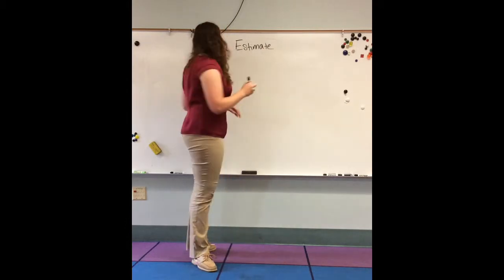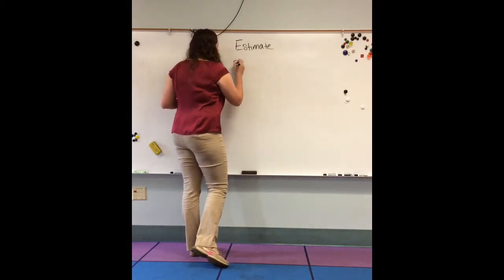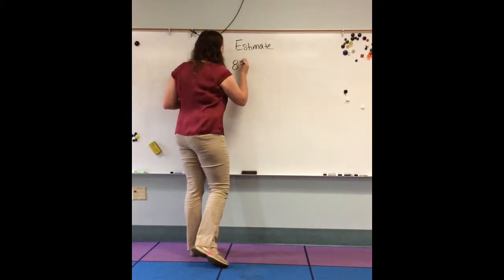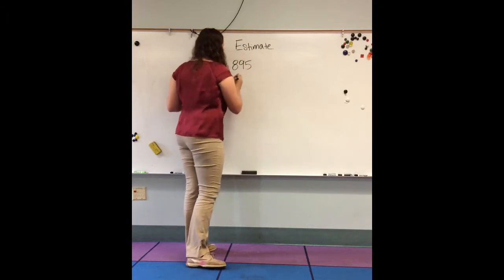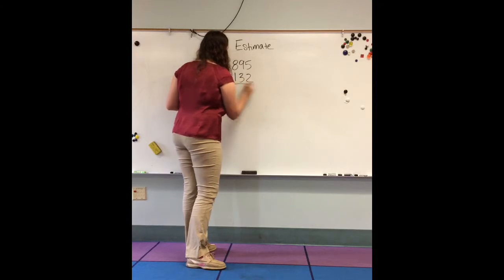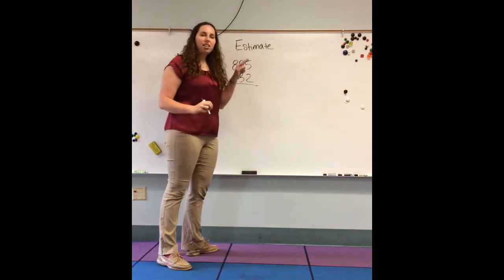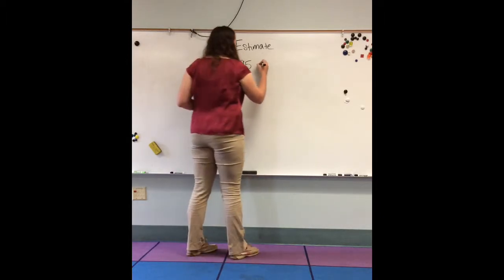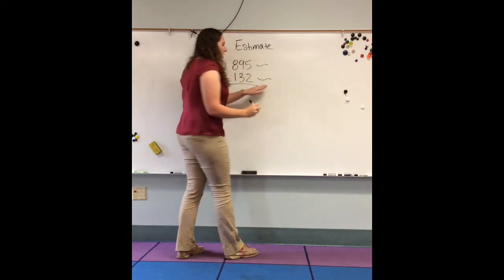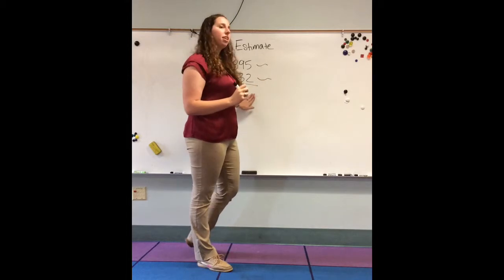So let's start with a practice problem. Let's do 895 minus 132. All right, there's our subtraction problem, okay? So let's find the estimate of these numbers, the rounded numbers. Okay, there's our squiggly worm that shows that this is an estimate, not the exact answer.